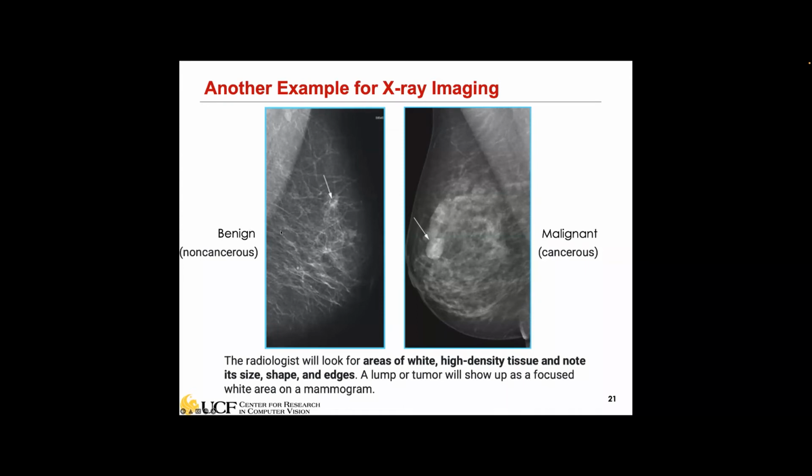On the left, this is the benign case, right? Here, it's not very high density, so this is considered benign, which is a non-cancerous case. On the right, we do see an area of high density tissue. So this may be malignant, okay? Which is cancerous.